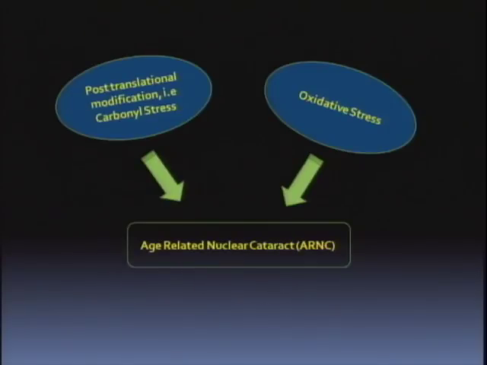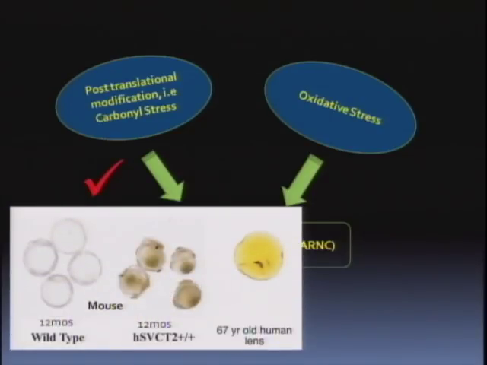In the past couple of years, as Dr. Monnier presented at this retreat, we have already established a transgenic animal model to recapitulate carbonyl stress. One of the animal models we created is the transgenic ascorbic acid transporter mouse.